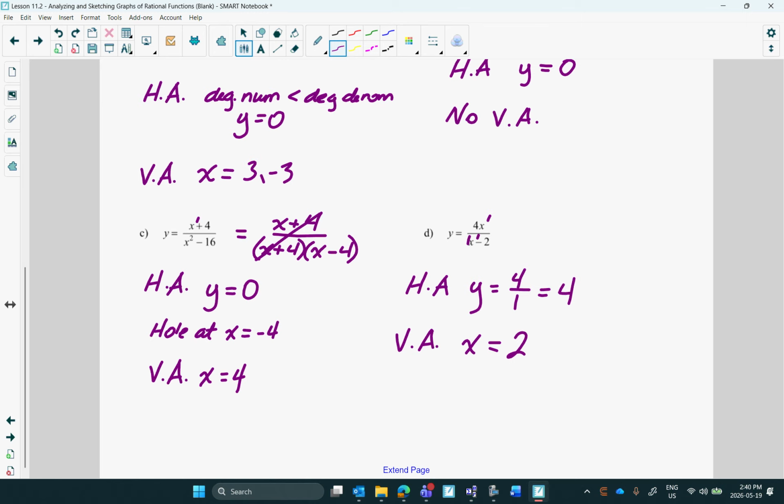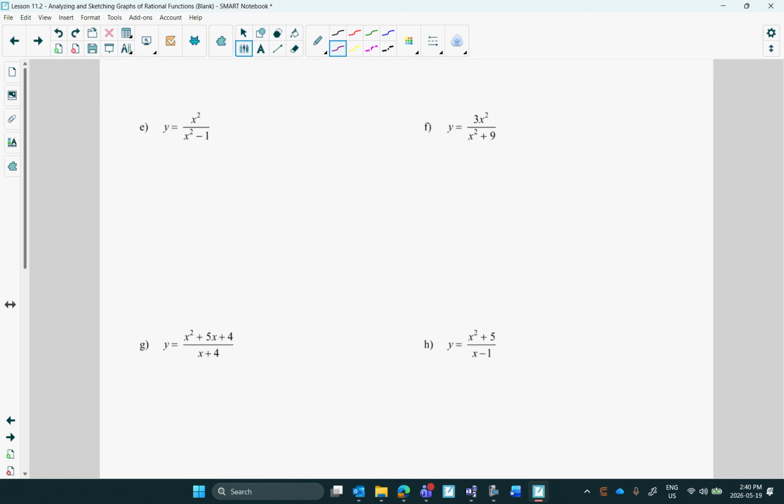Okay, I want you to get used to these things because the last step is going to be graphing. And you are going to see some of this tomorrow. Not a lot, because it's not a very big unit. Horizontal asymptote. What's the degree of the numerator?